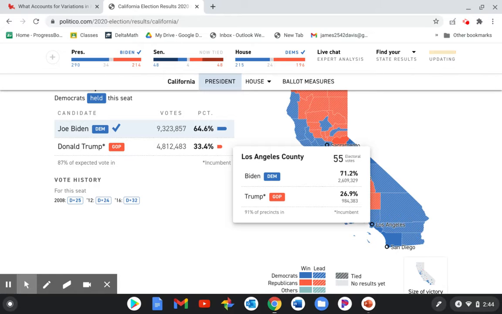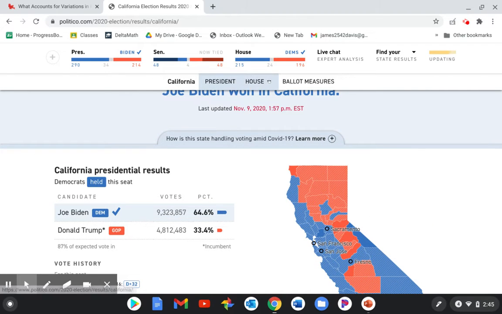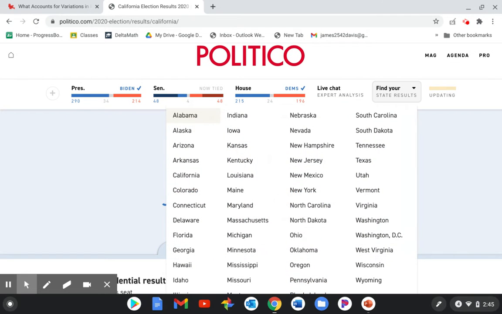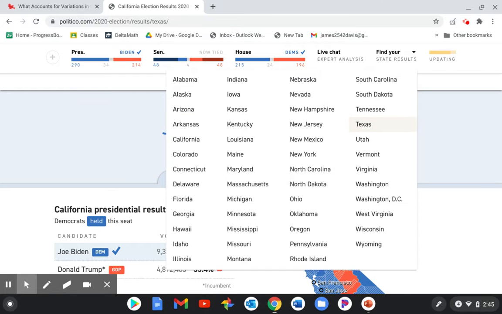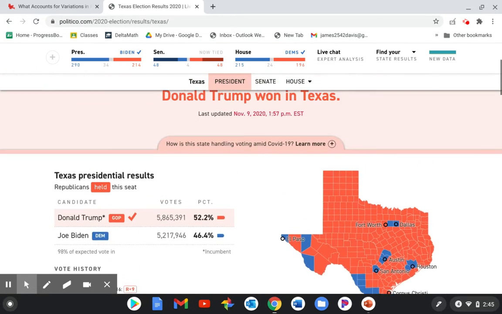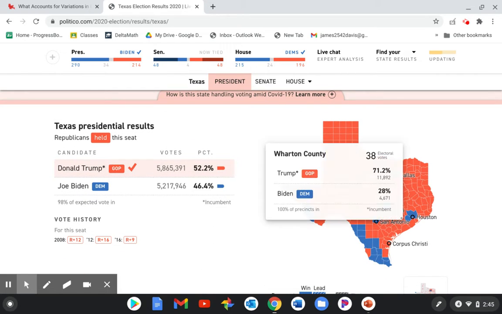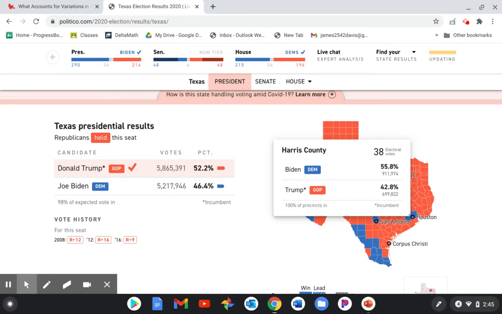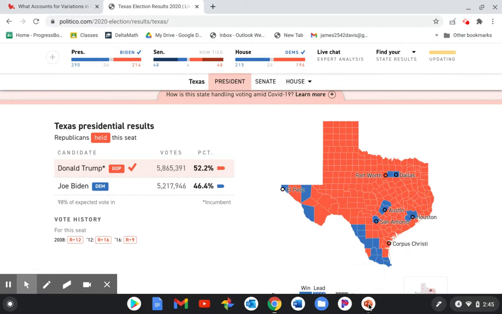Trump got approximately 27%. So you can see a very democratic result there. If we were to look at a different state, let's say Houston in Texas, that's one of the largest cities in the United States as well. Trump won Texas, and Houston, right here, is Harris County. So it looks like Biden won approximately 56% of the vote in Harris County.